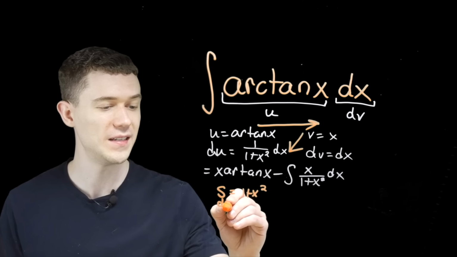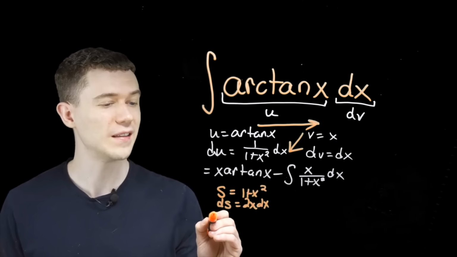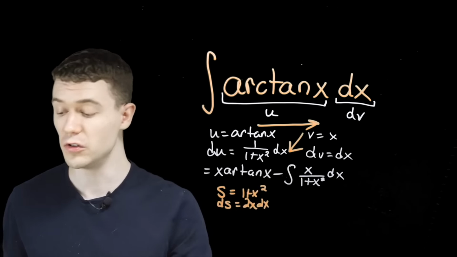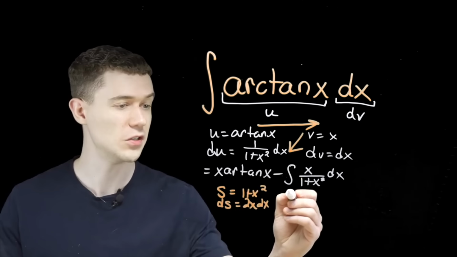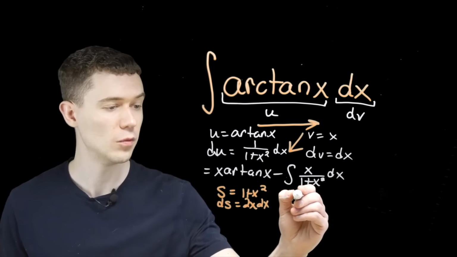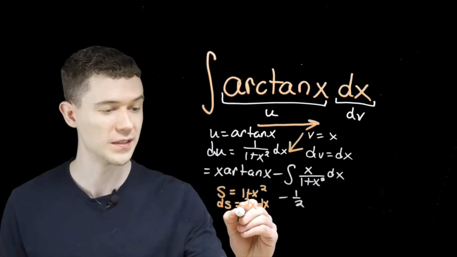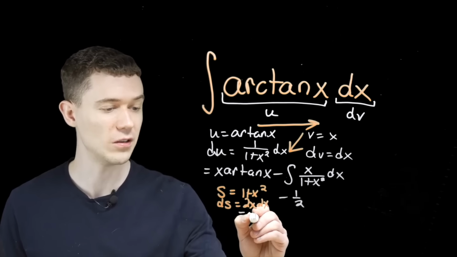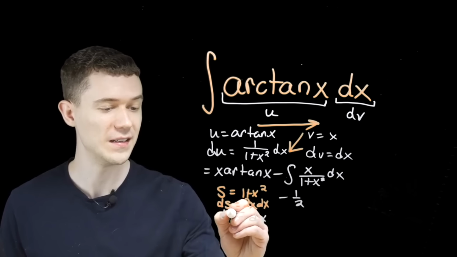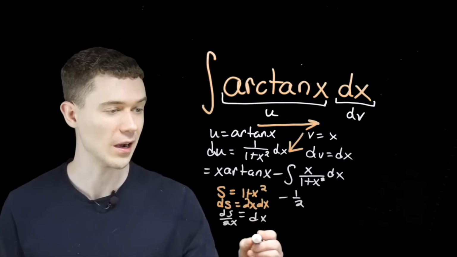That makes ds 2x dx. And we're seeing that, well, this is just twice the numerator. We can make this substitution. This integral, and you'll forgive me, I'm running out of space here, will be minus 1/2 when we divide both sides by 2 here. If you like, you could say that dx is ds over 2x, and that's where that 1/2 is coming out front.